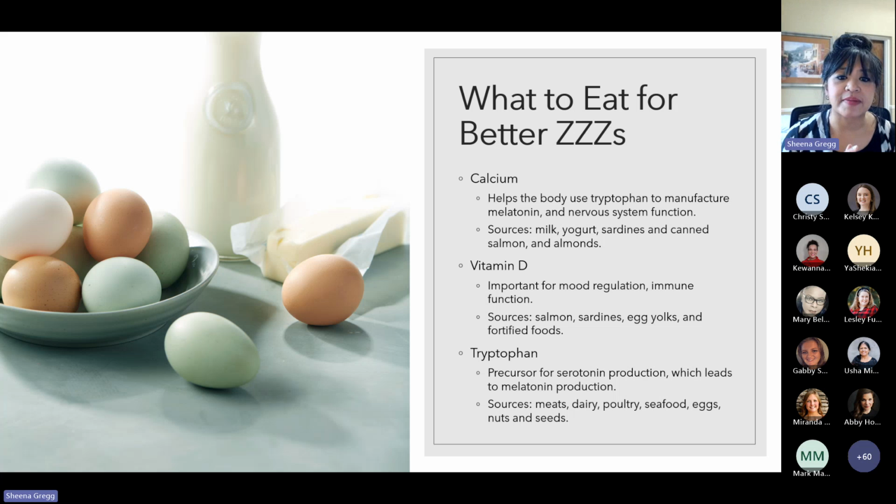And some sources are going to be meats, dairy, poultry, seafood, eggs, nuts, and seeds. And then vitamin D is going to be important for mood regulation and immune function. And so we're going to be getting this from salmon, sardines, egg yolks, and fortified foods. So a lot of times you'll notice with milk, there's vitamin D fortified milk that is available.